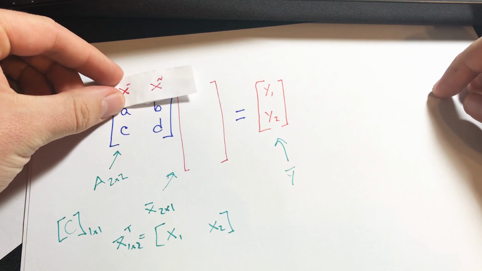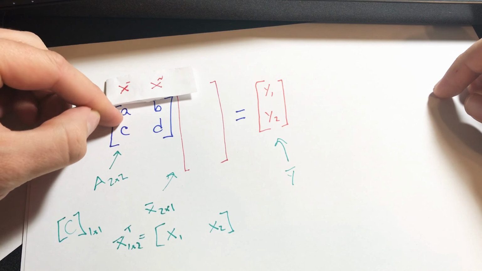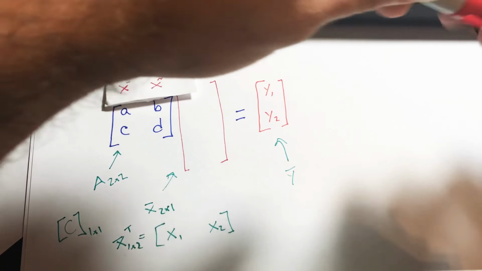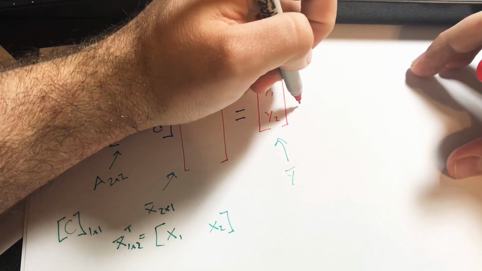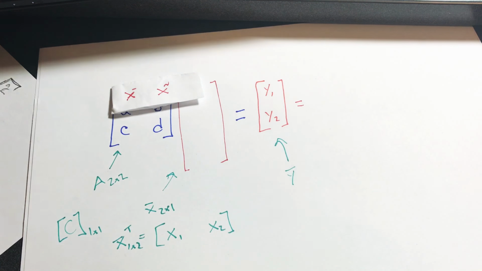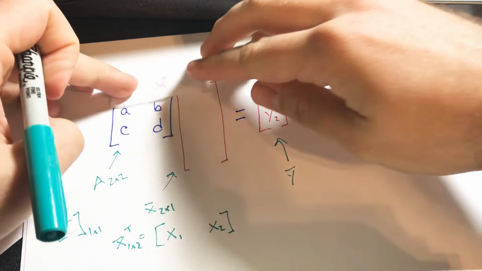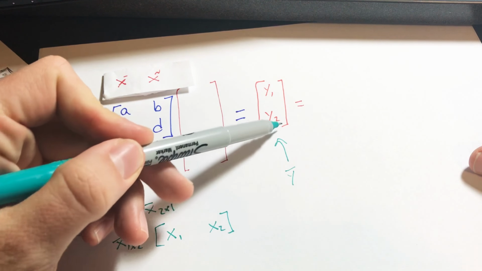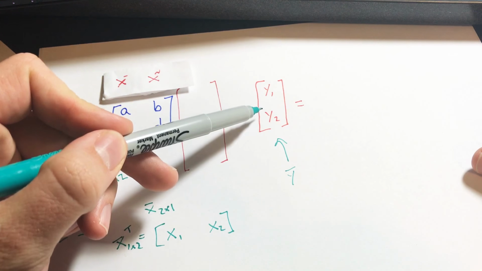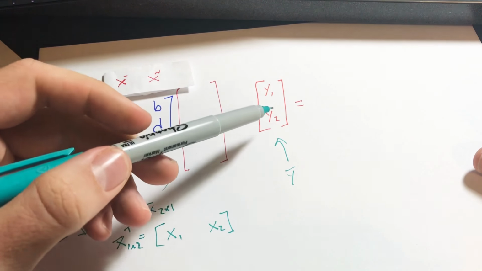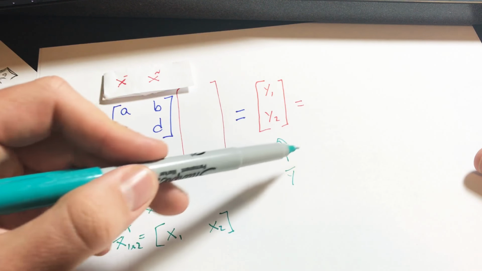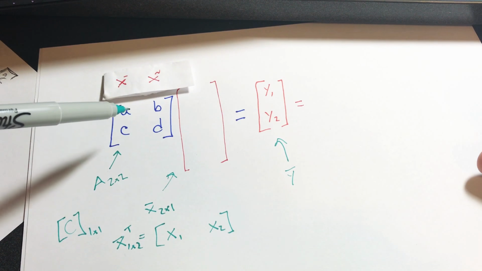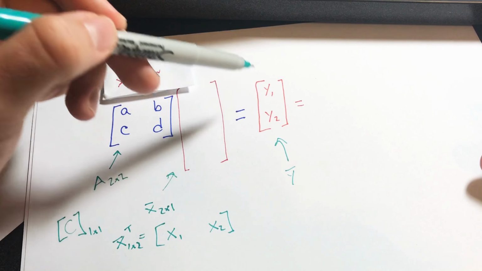You're gonna multiply this by this, A, x1 and B, x2. We know we want our answer to be in this form, so it's going to have 2 rows, 1 column. So this represents 2 equations, because you have 2 numbers.